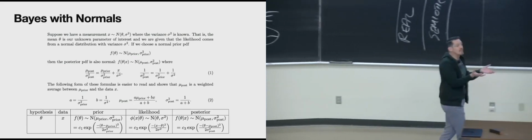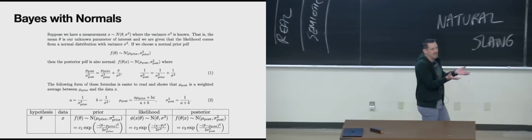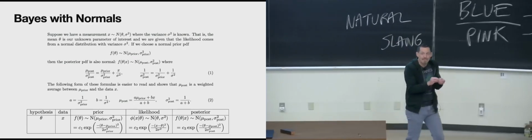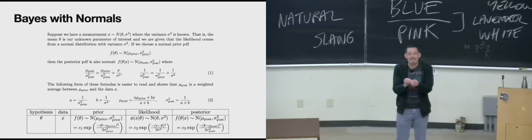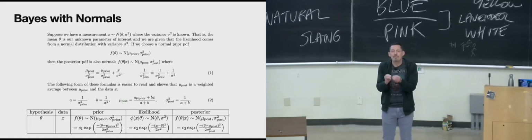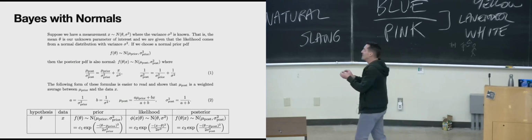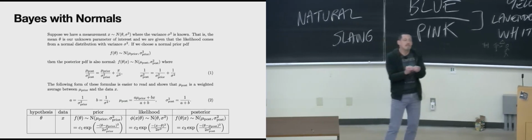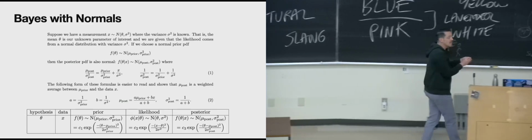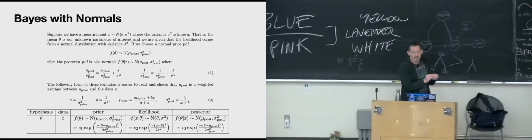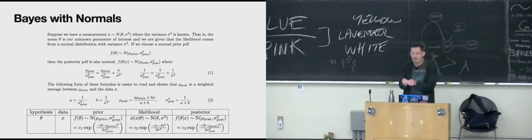You can do the math derivation, but this isn't a stats class, really. I just wanted you to have the experience of it, okay? So you can do the derivation.